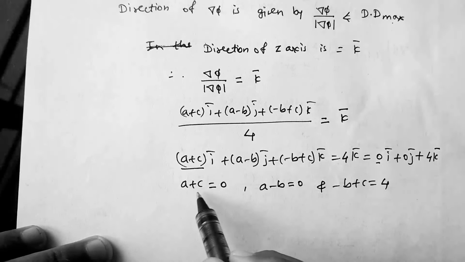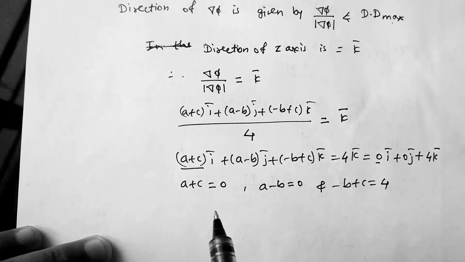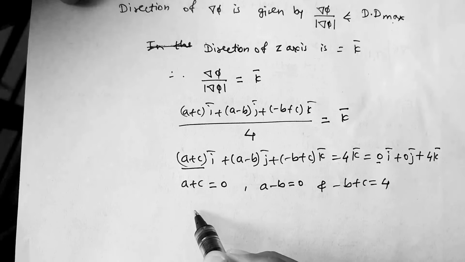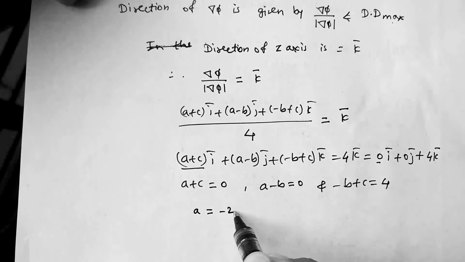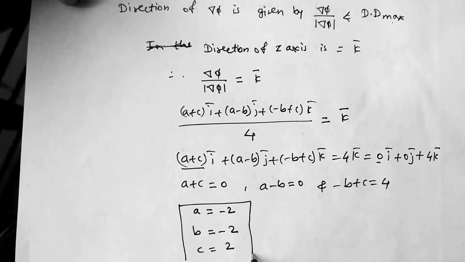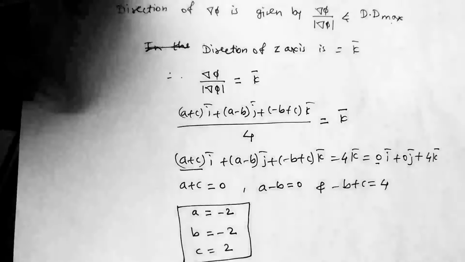Now we have these three equations. Solving these three equations simultaneously, we get the values of a, b, c as a equals minus 2, b equals minus 2 and c equals 2. So this is our final answer to calculate the values of a, b, c.